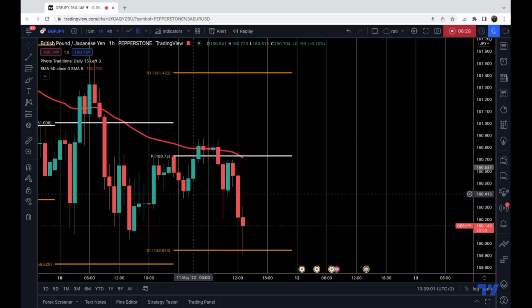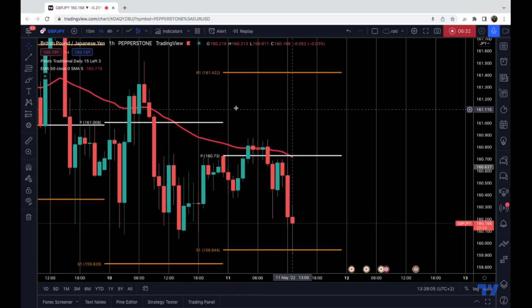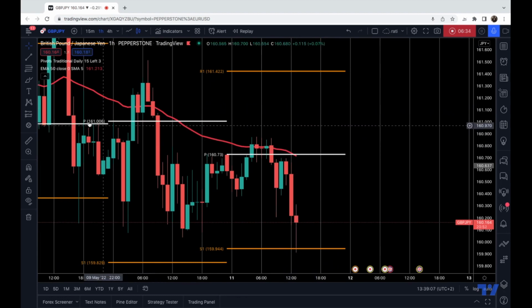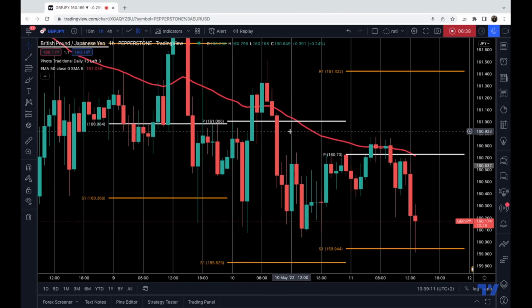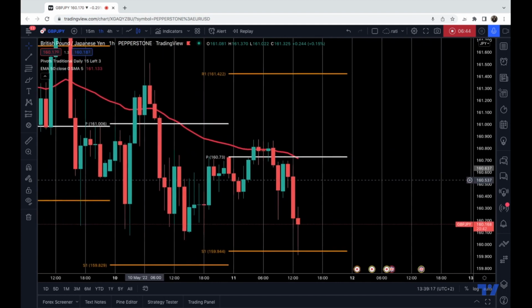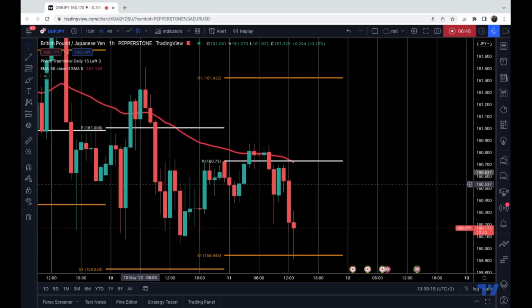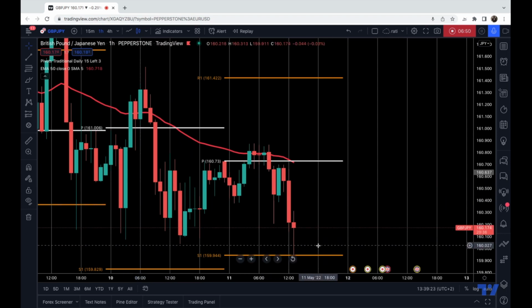Okay, so this is an interesting one. We can see here from the previous days, price has been below the pivot point yesterday, and the previous day it was kind of playing in between the pivot point, but all still below the moving average. Now, this is an interesting one because what we potentially could see is that if a candle closes, and we can see a big rejection wick here, we can see there's some lows which have formed here.